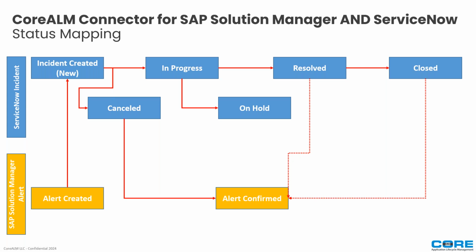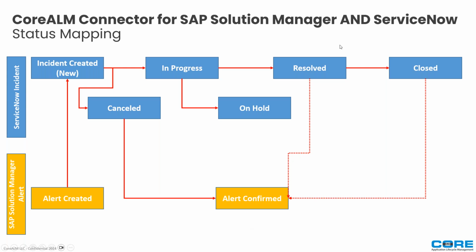And in case the issue is not fixed or remediated yet, we're going to get a new alert, and then the workflow will be triggered again. However, if we choose to put the incident in progress, and then we work on providing a solution of fixing the issue, and then once the issue is marked as resolved in ServiceNow, then that will confirm the alert.